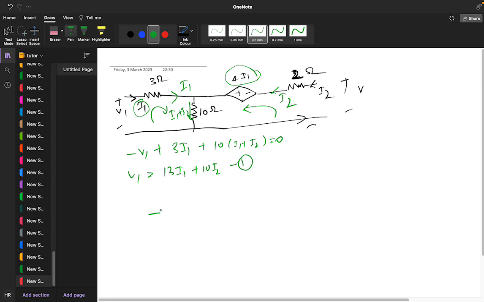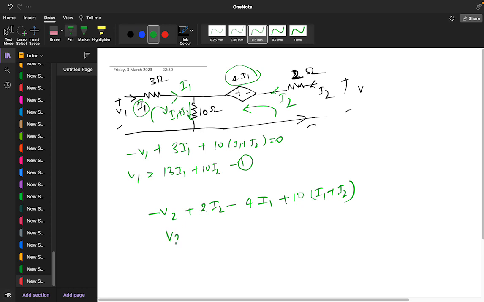Minus V2 is equal to plus 2I2 minus 4I1 plus 10 into I1 plus I2.